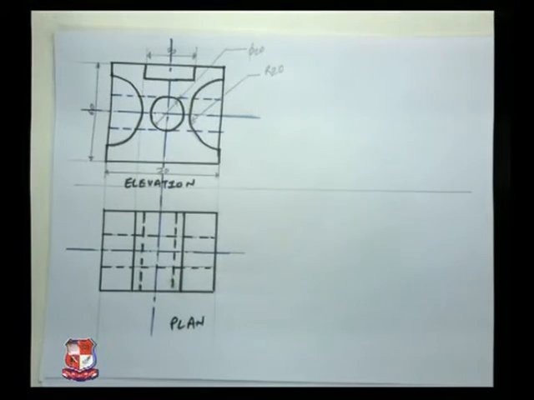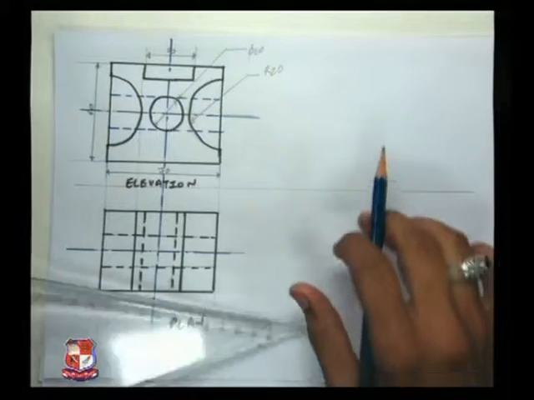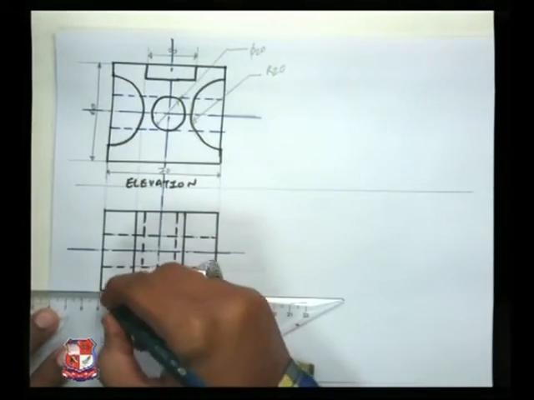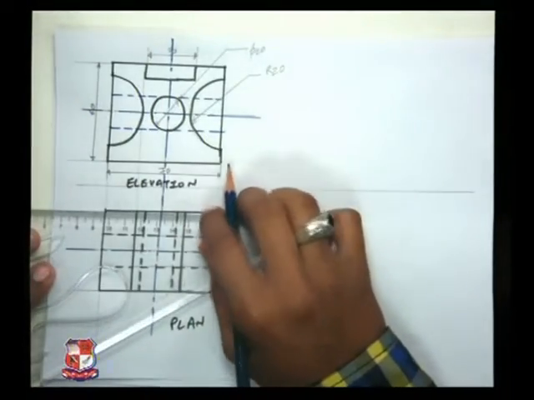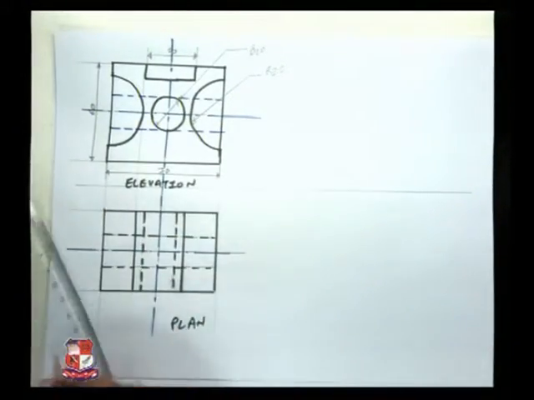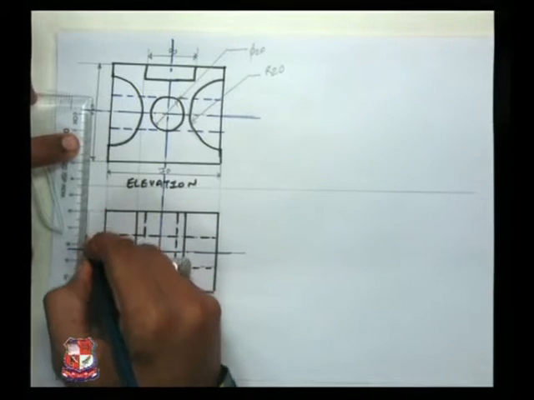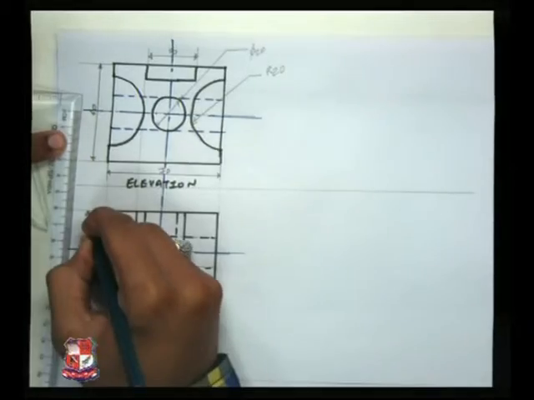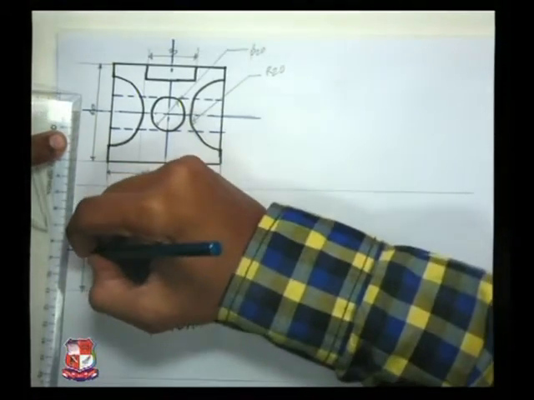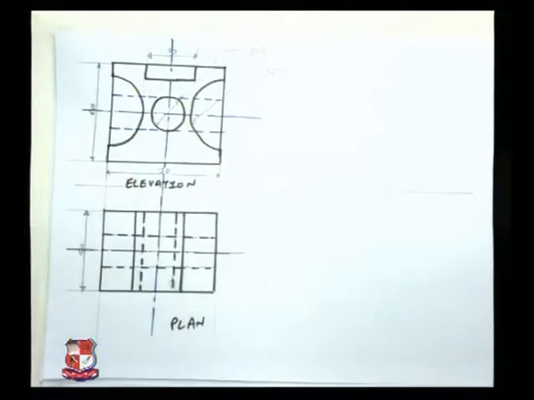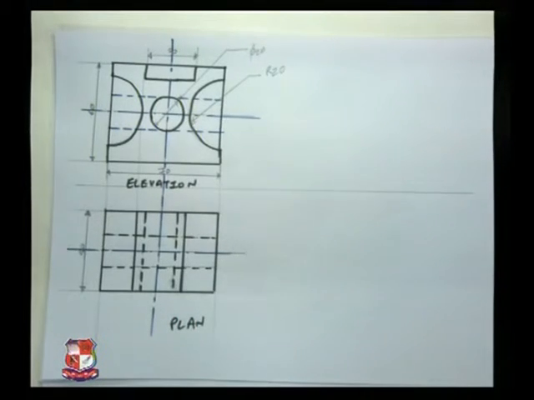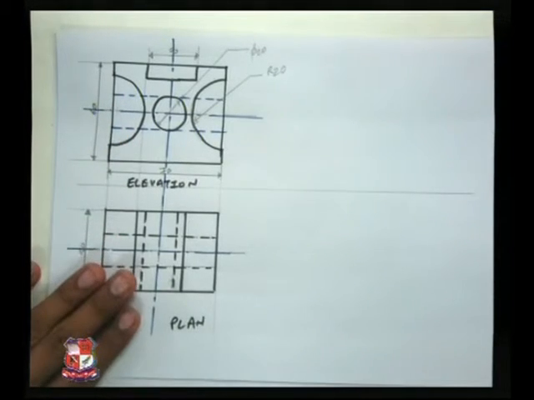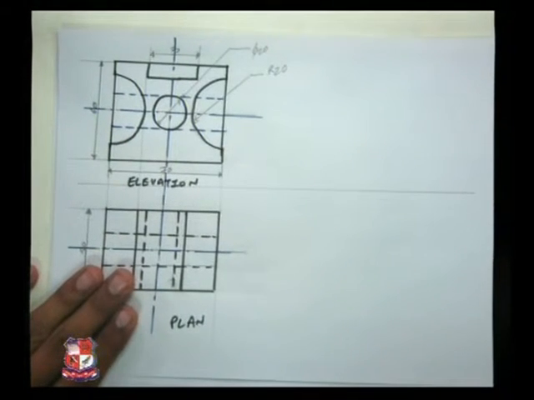Only one dimension is given in the plan, that is 50 mm, again using the align method only. Now we have drawn the elevation and the plan of this given figure number 1.